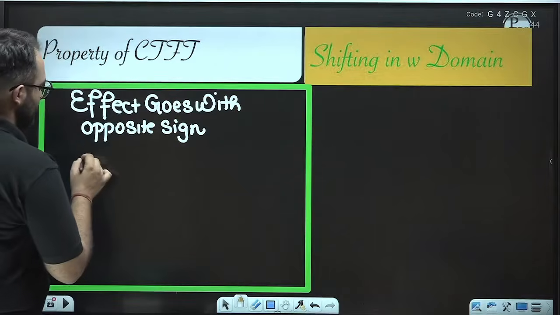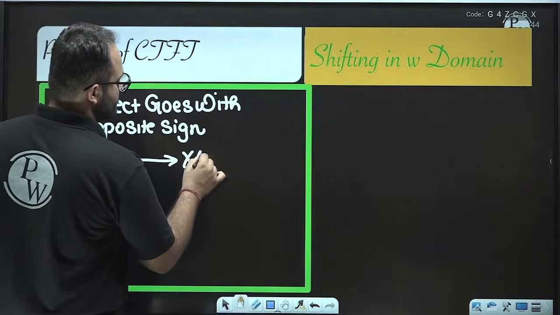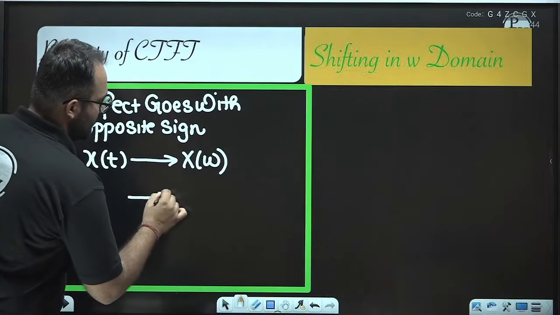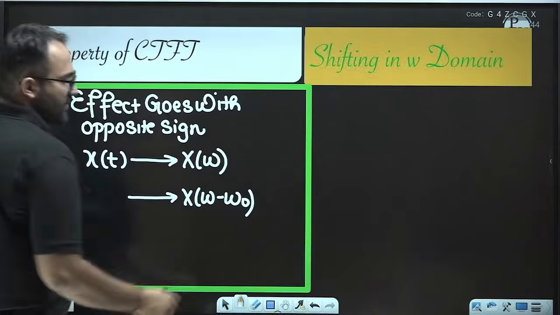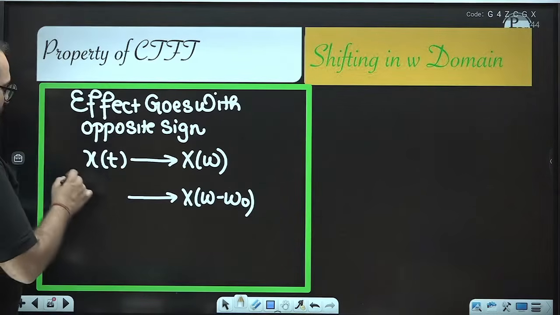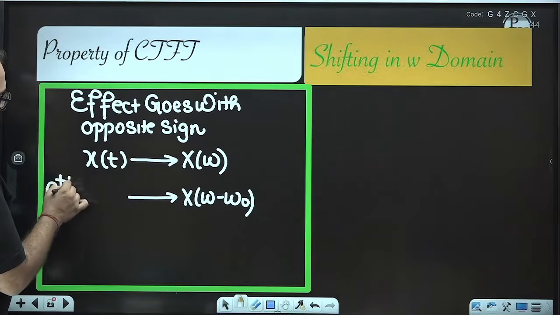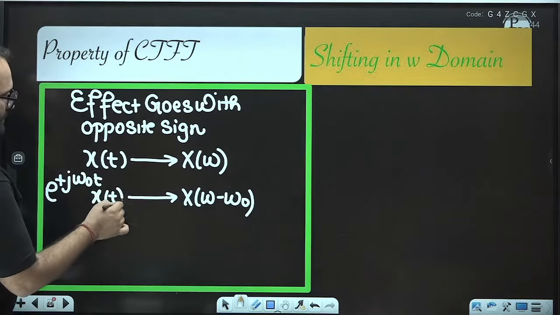The property says that if x of t has Fourier transform X of omega, then if we do the shifting in the omega domain, here we have omega minus omega naught, we get the result like this.